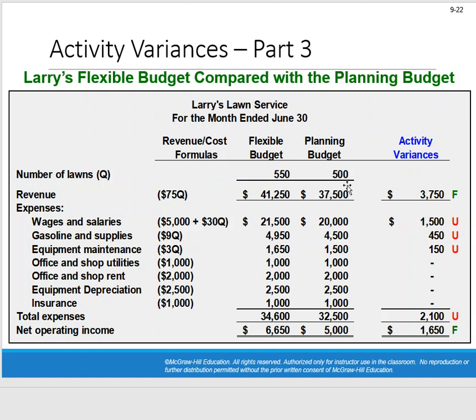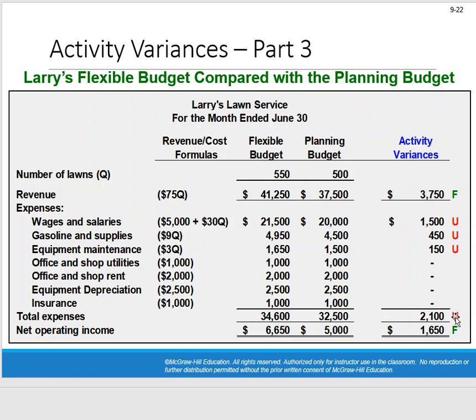So here's what we planned was at 500 lawns, but our flexible budget is going to be based on 550 lawns. And so what we come up with over here on the right is our activity variances. So how much of the variance is explained by 50 extra lawns? And the answer is 3,750 of revenue.